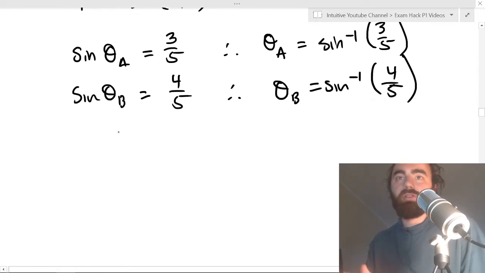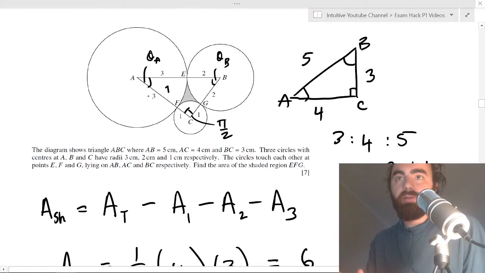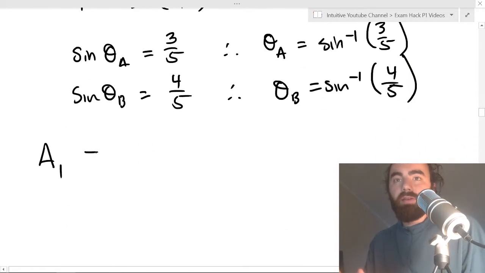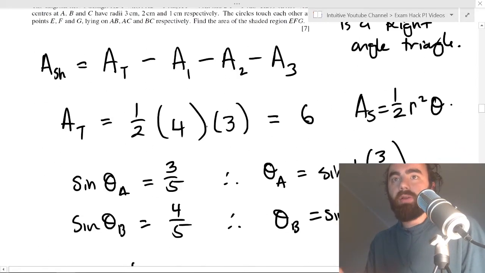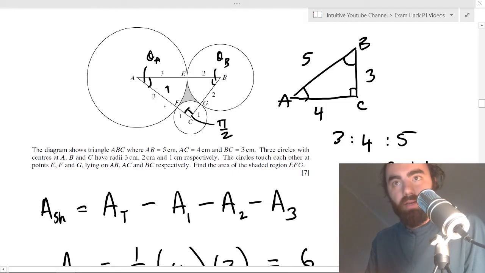And I'll do the calculation in the end, but that means that the area of our sector 1, so this sector, is going to equal half r squared, and the r squared in this case is 3, the radius of the circle, because these are at the centers of these circles.